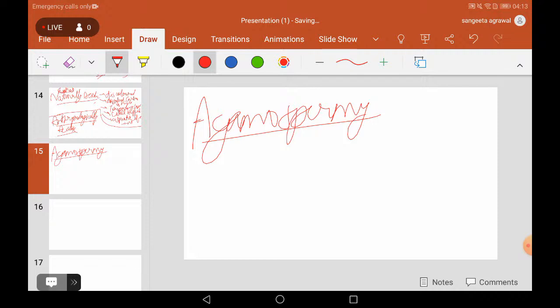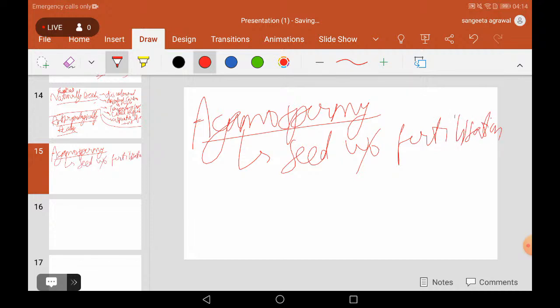This phenomenon is known as agamospermy. We can understand it like parthenogenesis, where in parthenogenesis fruit is formed without fertilization. Example, pomegranate, I think. So agamospermy is seed formation without fertilization, somewhat like parthenocarpy. Just a random fact.